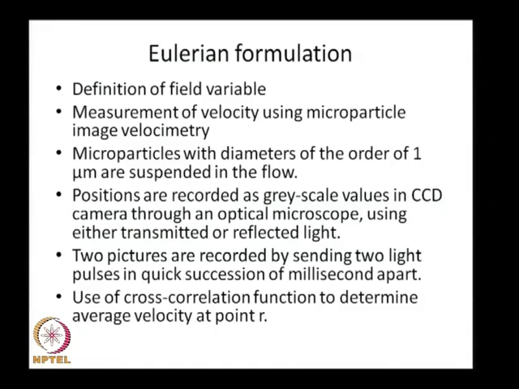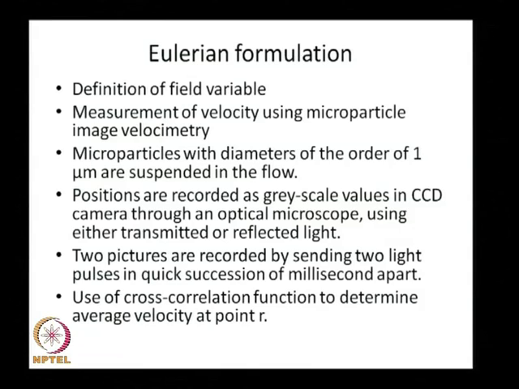All right. So, two pictures will be recorded by sending two light pulses in quick succession, which would be a millisecond apart. Okay. And then there would be use of a cross correlation function to determine average velocity at point r.